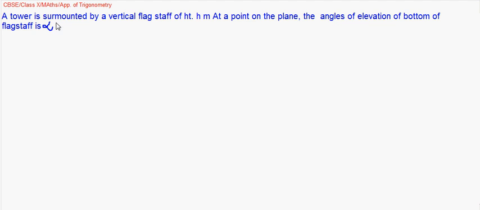Rest of the question says alpha and the top of the flagstaff is beta.